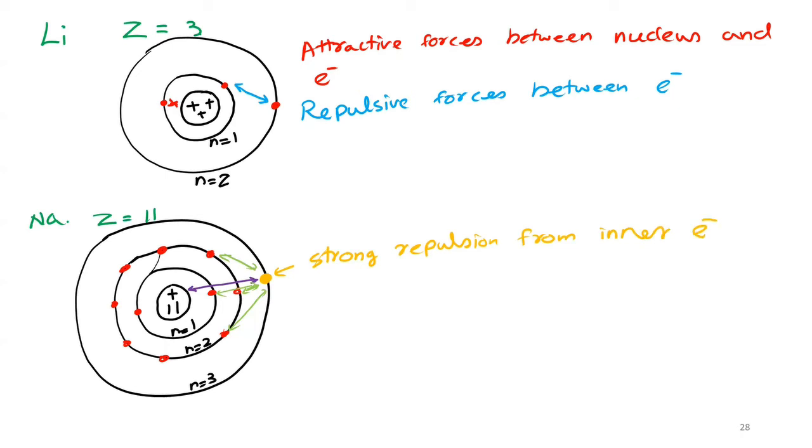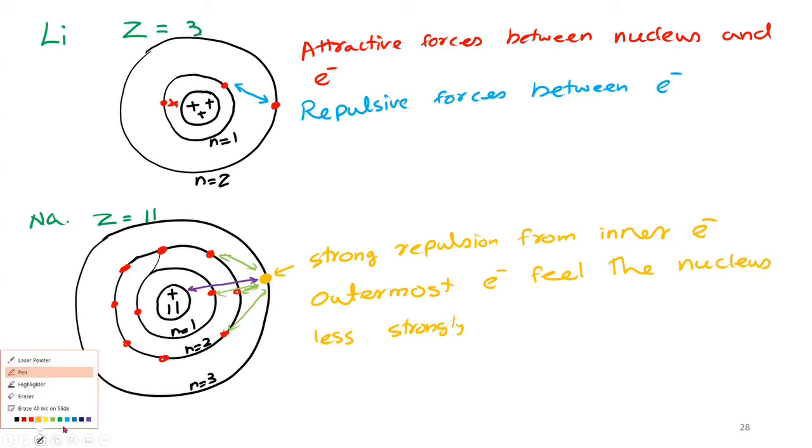So because of that, this outermost electron is less tightly attached to the nucleus. So this outermost electron feels the nucleus less strongly.